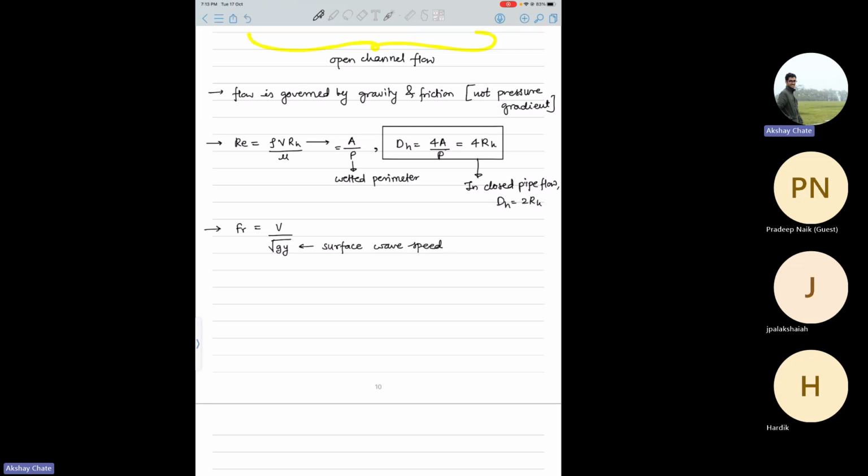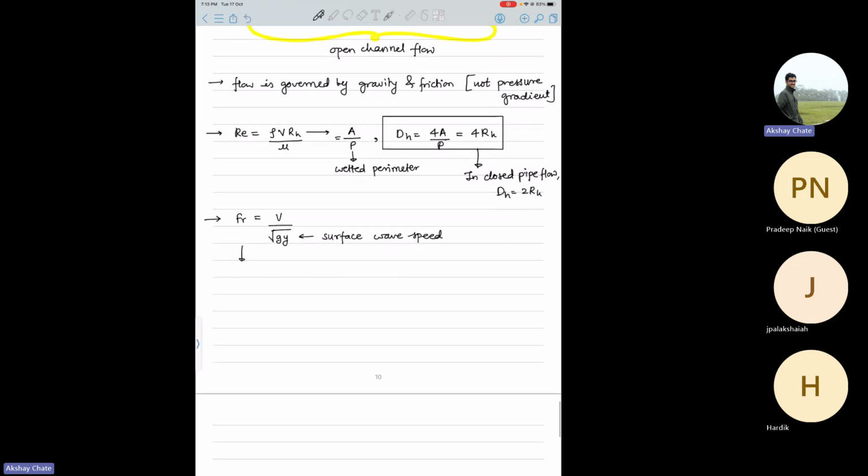There is a classification based on this, and many MCQs are asked based on this only. Fr can take 3 values. It can be less than 1, which is called subcritical flow. It can be equal to 1, which is critical flow, and it can be greater than 1, which is supercritical.